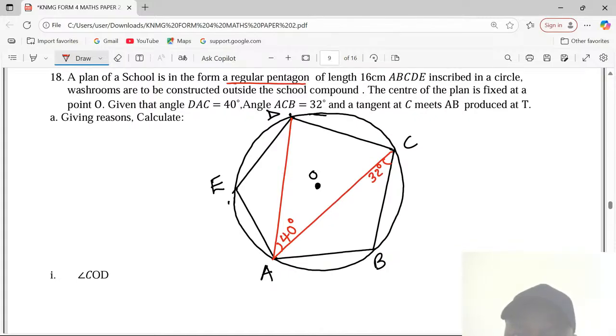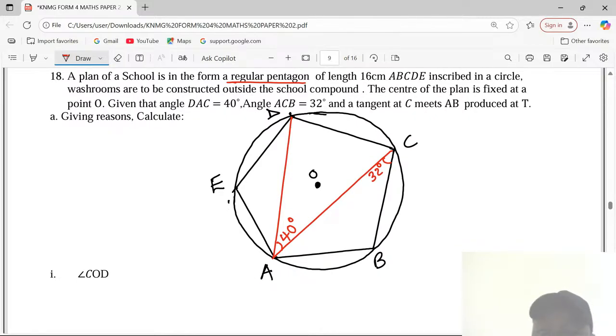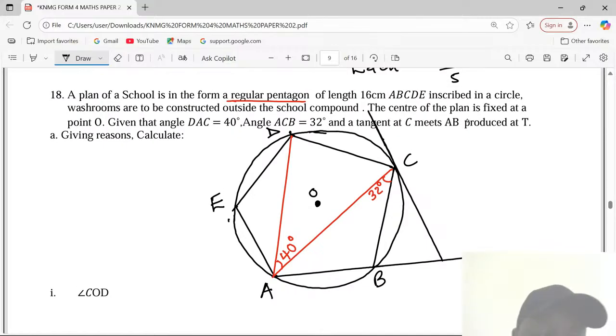Then a tangent at C is meeting AB produced. So we produce AB outside, so that AB might meet a certain tangent, a tangent that touches the circle at C. So a tangent at C may meet the produced AB at a point that we are calling T. All this information had not been drawn.